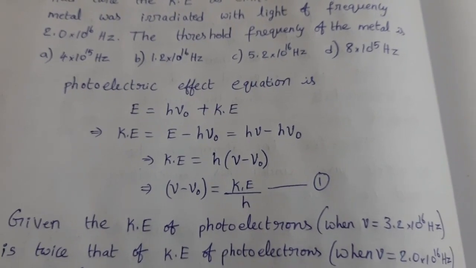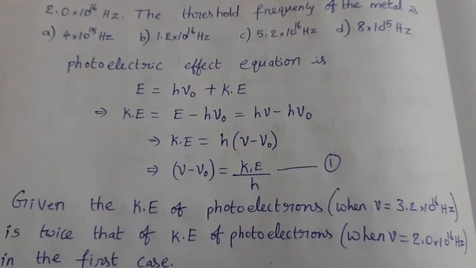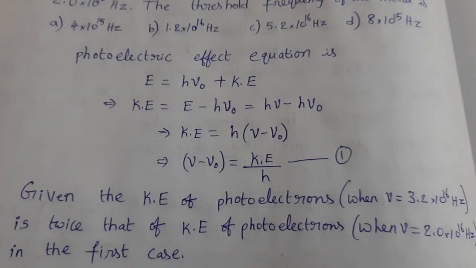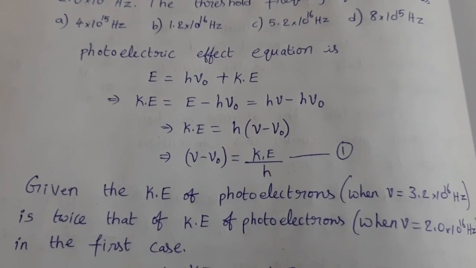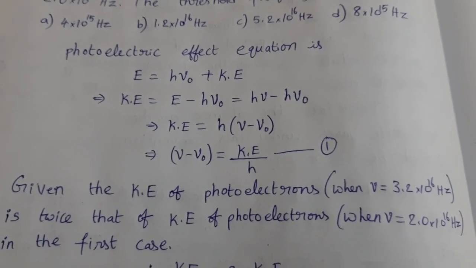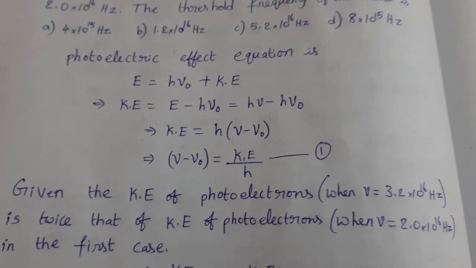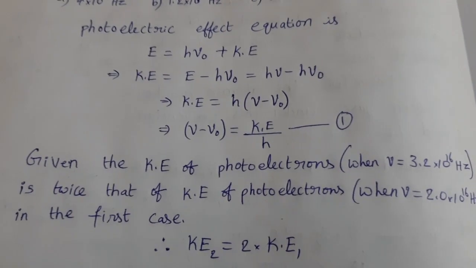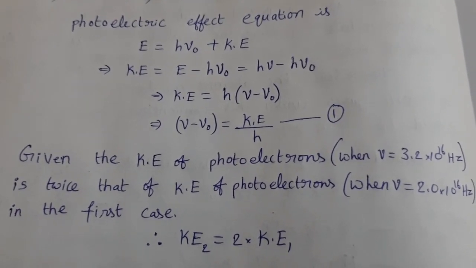So given the kinetic energy of photoelectrons when frequency nu equal to 3.2 into 10 power 16 Hz is twice that of kinetic energy of photoelectrons in the first case. In the first case, what is the frequency? Nu equal to 2.0 into 10 power 16 Hz. So understand this sentence carefully. Therefore, Ke2 equal to 2 into Ke1.